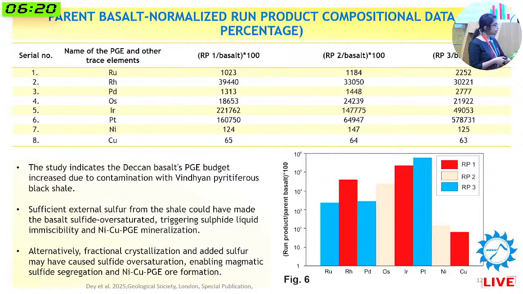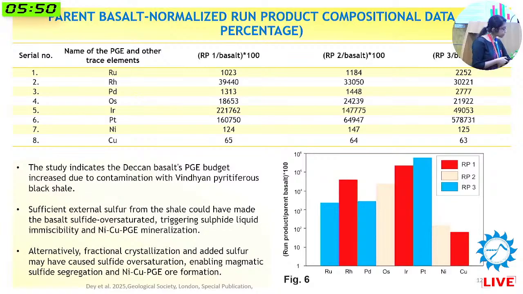We can see that different elements are achieving that highest concentration not with increasing percentage of contamination. Some of the elements are reaching that highest concentration at the highest percentage, and some of them are achieving that even at the lowest percentage of contamination.